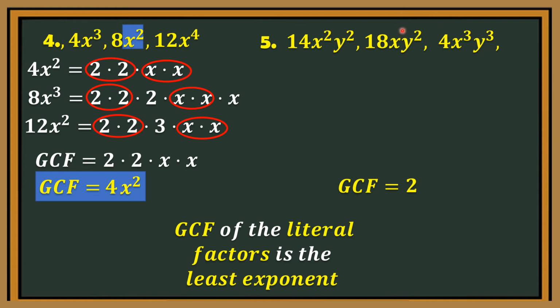So, that is the least exponent of x. Therefore, the greatest common factor of it is x. How about y? Y is also common in each term. So, just look at the least exponent of y. And what is the least exponent of y?